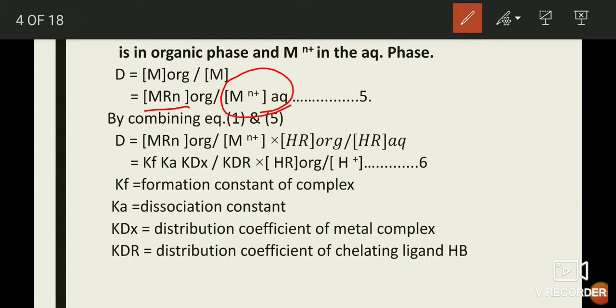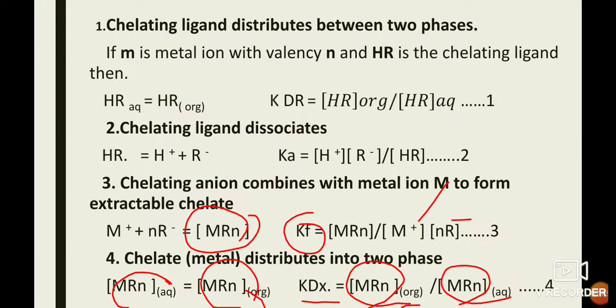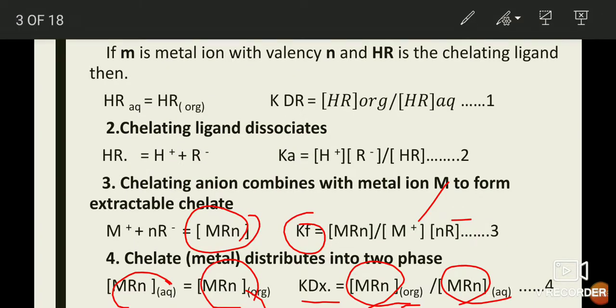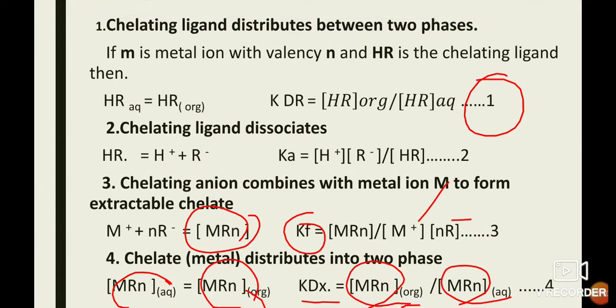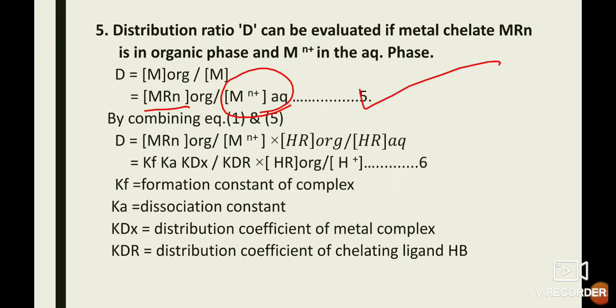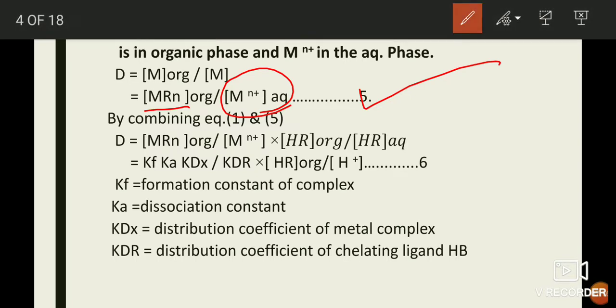By combining equation 5 and equation 1, D is equal to the concentration of metal chelate in organic phase divided by the concentration of metal ion, times the concentration of ligand in organic phase divided by the concentration of ligand in aqueous phase.